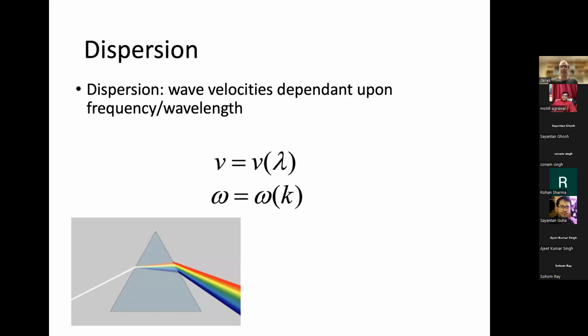All right, dispersion is where wave velocities are dependent on the frequency or wavelength. So we can talk in terms of velocity is some function of wavelength, or omega equals some function of wave number.